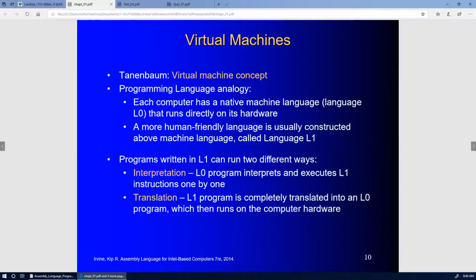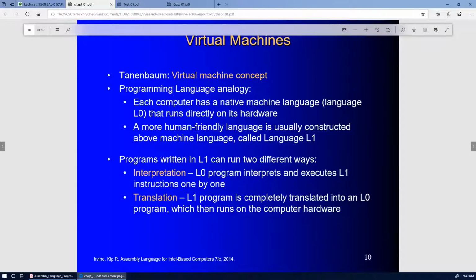That can be done by interpretation or by translation. Translation is when you compile, and so you transform the entire L1 program into a completely translated L0 program. Interpretation does it one line at a time.